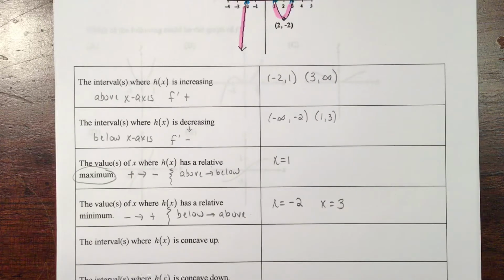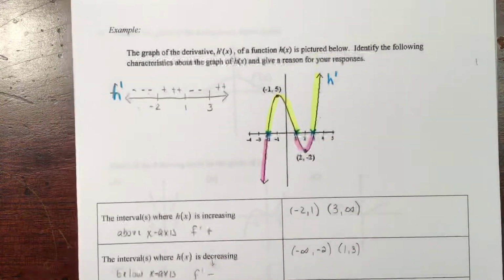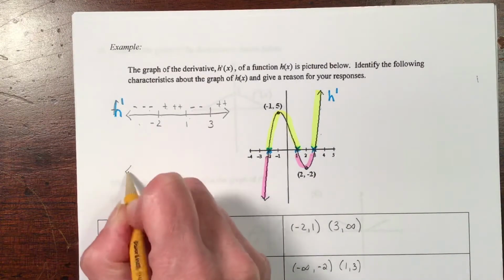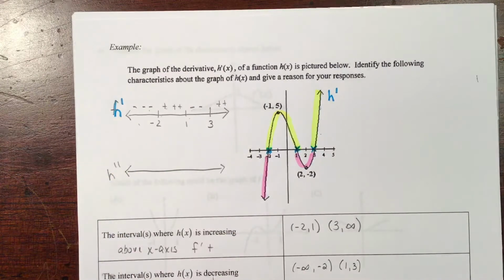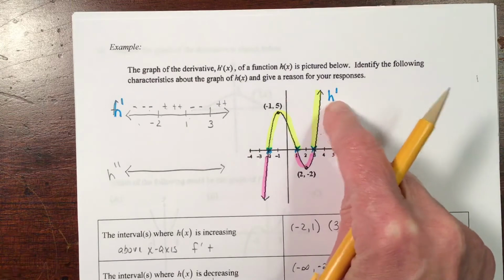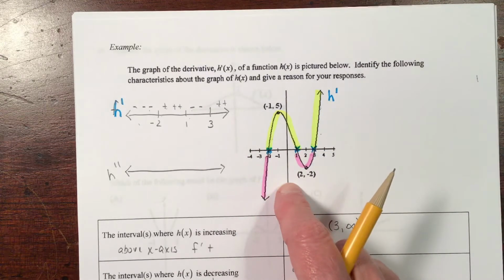Now, where's the graph concave up and concave down? Well, now this gets a little tricky. Okay, so now we have to analyze h double prime. So how do I analyze h double prime? Well, if I'm looking at h prime, h double prime is going to be the slopes of the tangent lines.